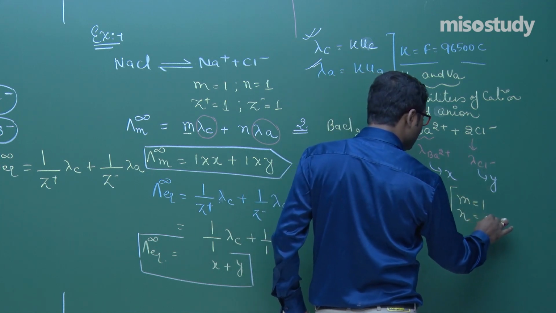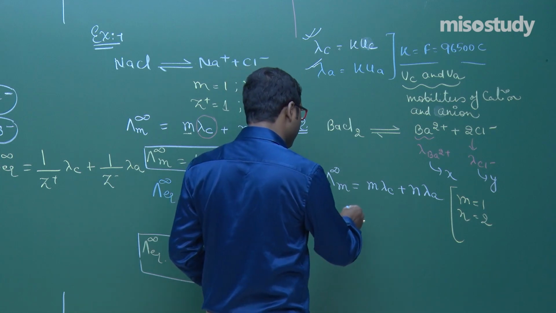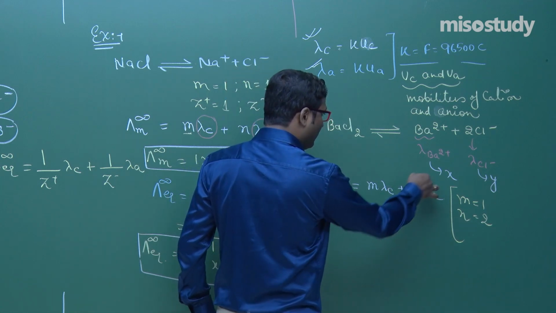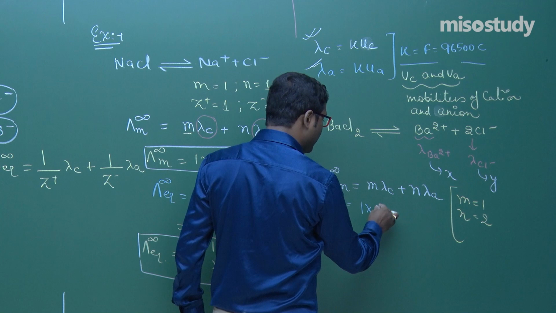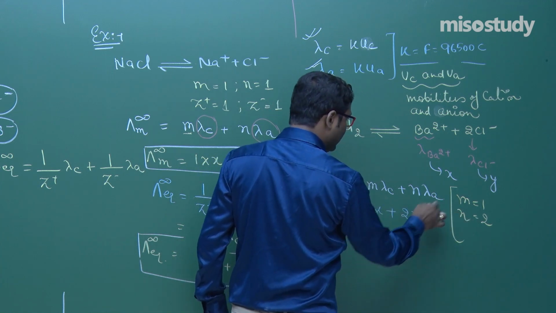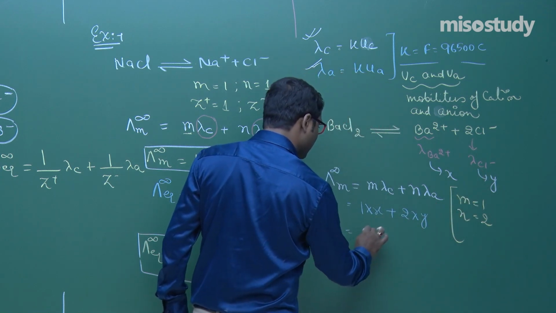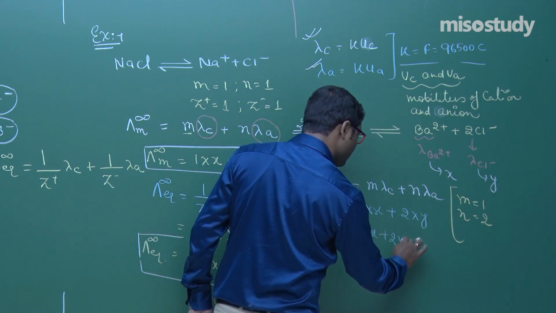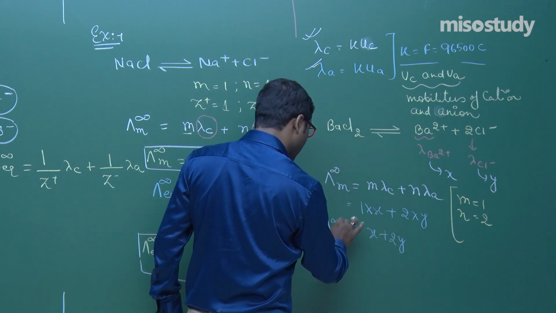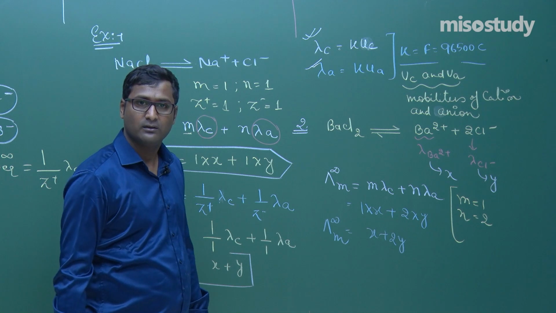That is 2, for 2Cl minus. Now put in these values. 1 into the ionic conductivity of Ba2 plus, that is X, plus n, which is 2, into the ionic conductivity of Cl minus, that is Y. So the answer is X plus 2Y. This is the molar conductivity at infinite dilution.